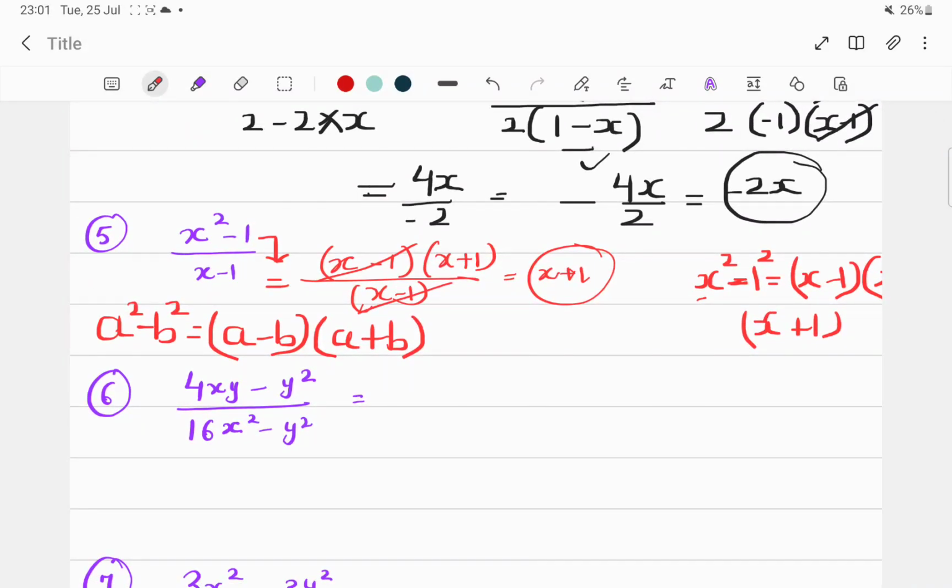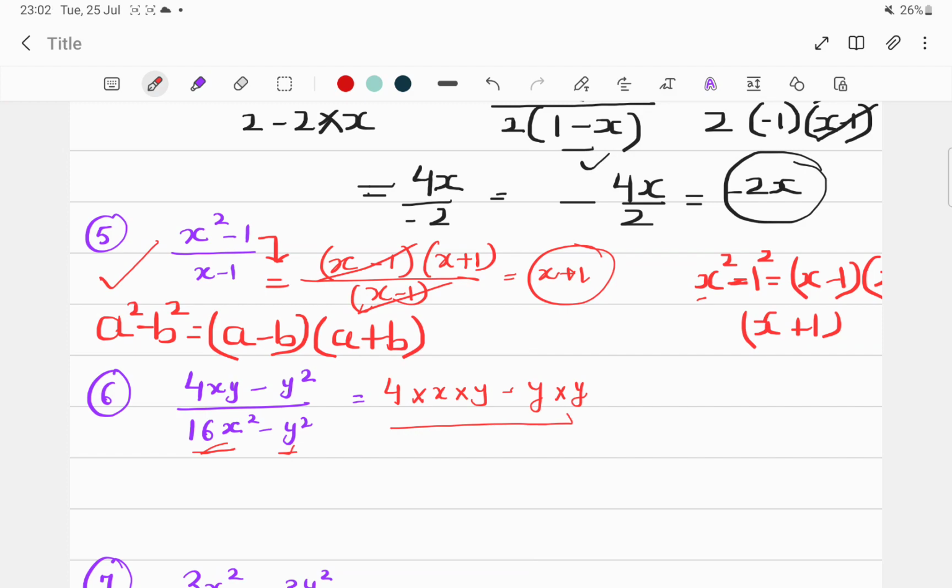Next question is 4xy minus y squared. So I can write it as 4 times x times y minus y times y divided by, now here again we have the difference of the square of two terms. Now this is again the same kind of factorization I explained in question 5 here. So please focus on this one, and if you need help you can watch the videos on factorization. It will be very much clear.